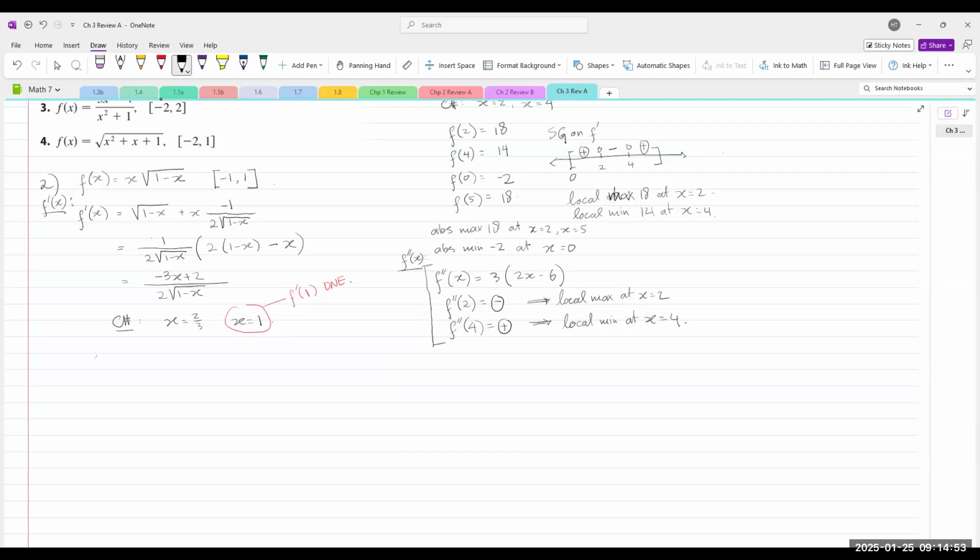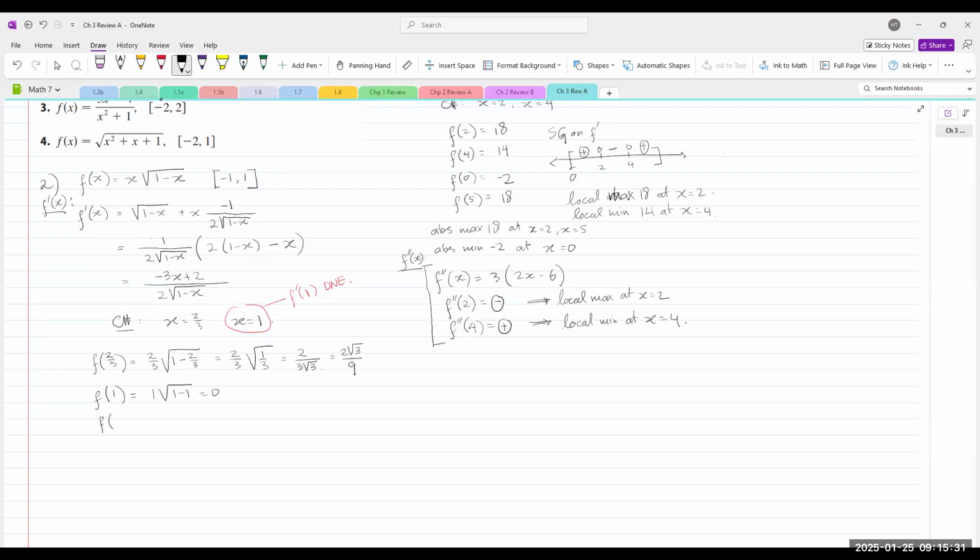Oh, actually, so f(2/3) equals 2/3 square root of 1 minus 2/3. That's 2/3 times square root of 1/3. So 2 over 3 square root of 3. So that's 2 square root of 3 over 9. And then at 1, this 1 happens to be an endpoint also, right? So 1 times square root of 1 minus 1. Oh, that's 0, duh.